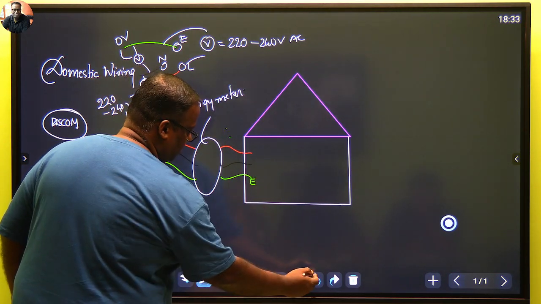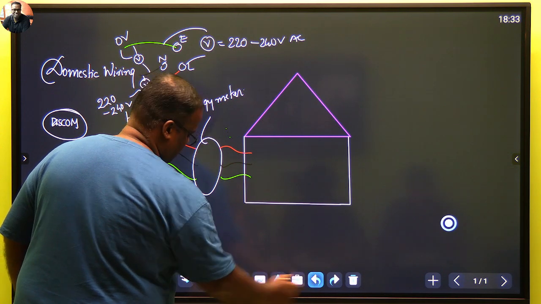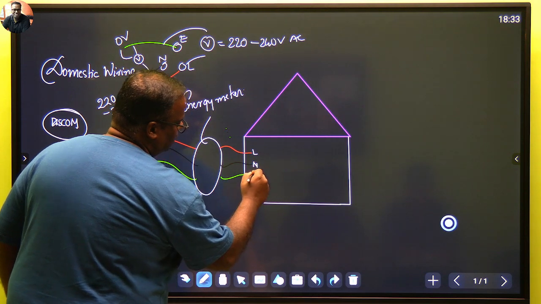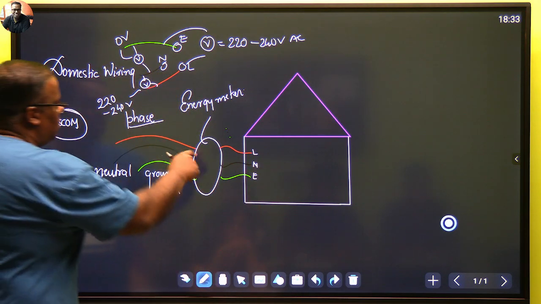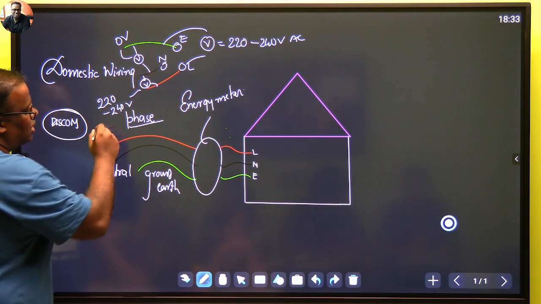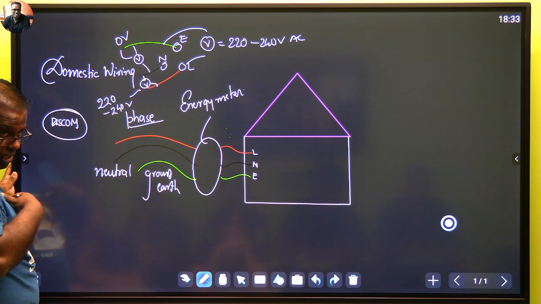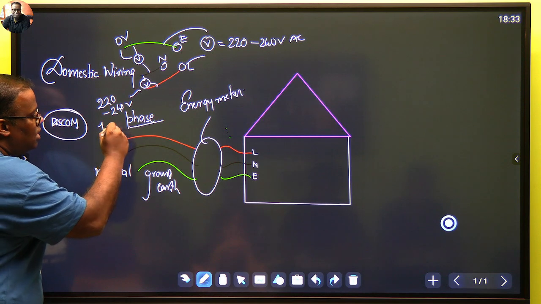So I have live, neutral and earth. These three have entered. And since only one phase wire is coming, this used to be in your ancestral home or our childhood homes, which we call single phase supply.